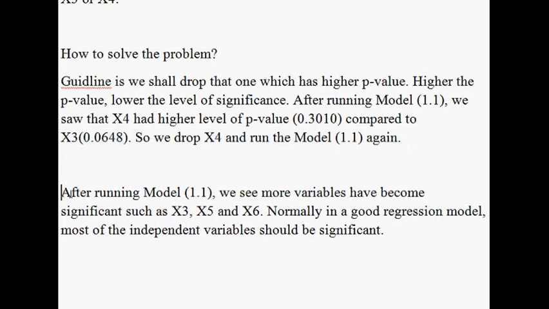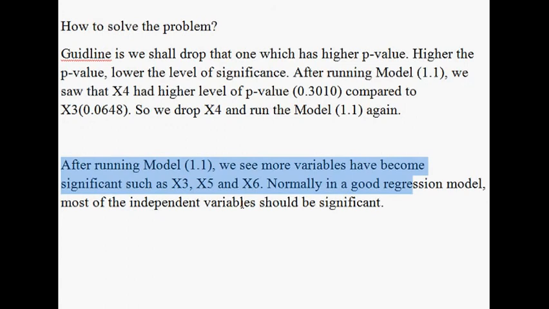Now, after estimating model 1.1 and removing x4, we see that more variables have become significant, such as x3, x5, x6. So now 3 variables have become significant, but last time only one was significant. Why? Because the problem of multicollinearity has been removed.